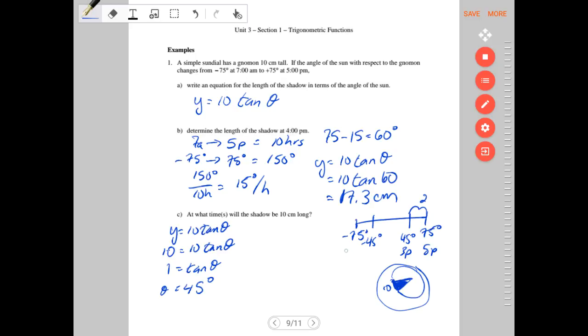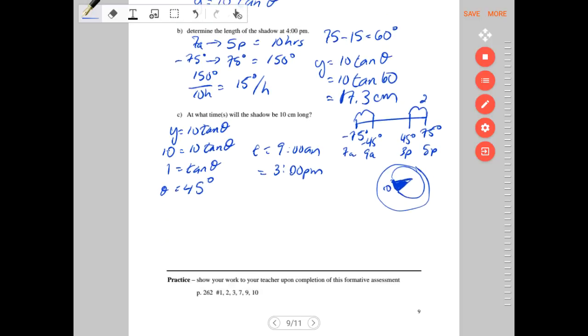On the other side, if we start at 7 and again go up by 2 increments to get to 45 degrees, then that would put us at 9 a.m. So at 9 a.m. and at 3 p.m., the gnomon shadow will be 10 centimeters long.